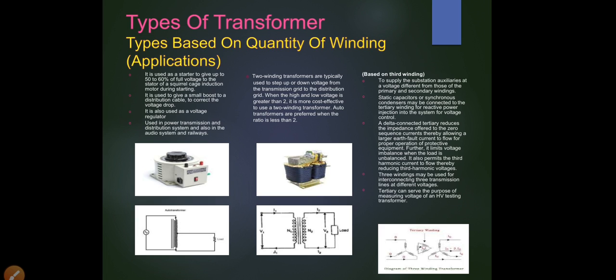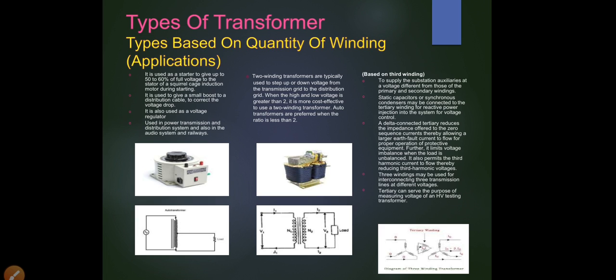Already you know what the applications are. Here, the auto transformer is used as a starter to give 50 to 60% of the full voltage to the starter of a squirrel cage induction motor during starting.